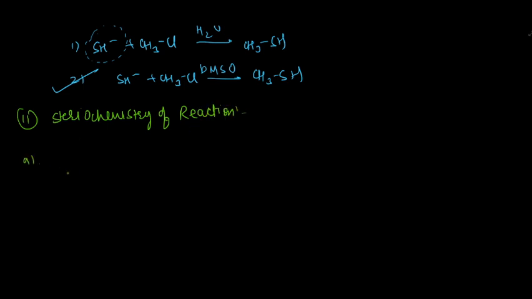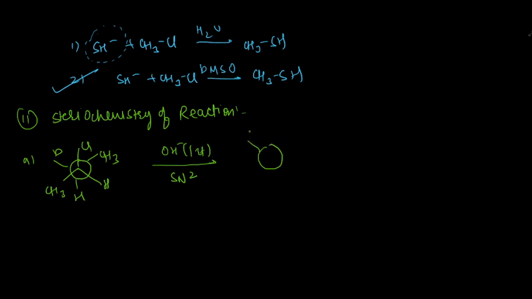Like we have a compound, a Newman projection is given here: Cl, CH3, H, D, CH3, and H. We have OH minus, 1 equivalent, and we know the reaction is SN2. So the product formed will have D here, CH3 here, and H here. Then OH will go here, then CH3 will go here, then H will go here.